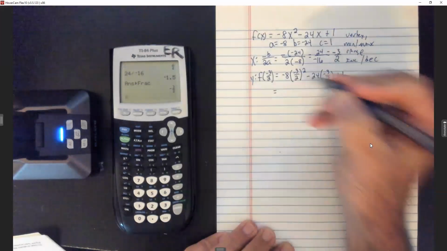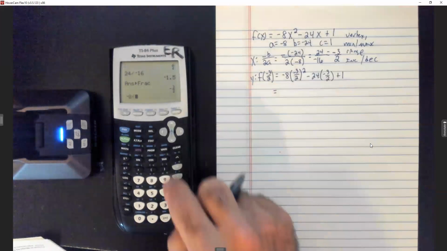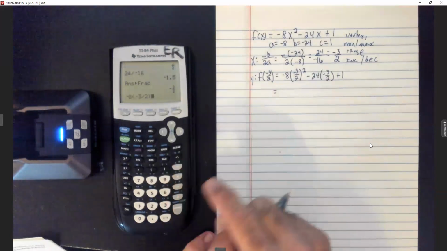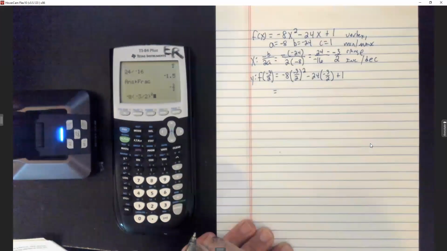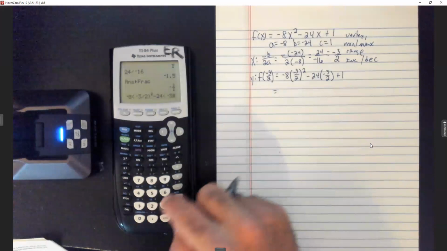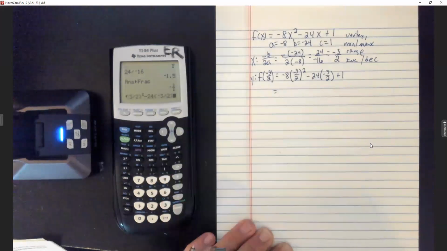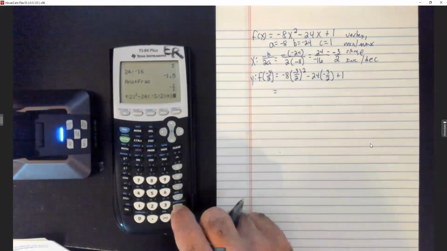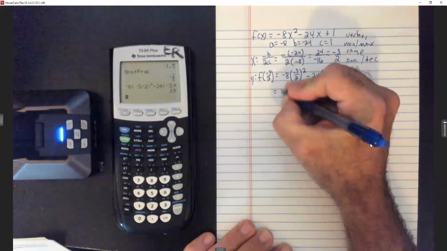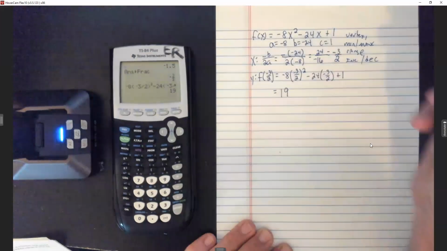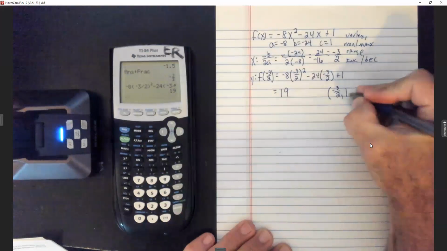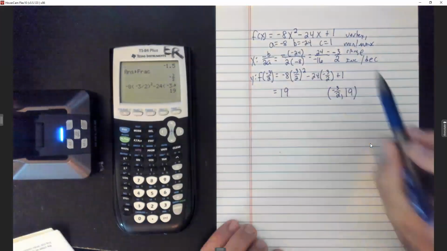So let me plug that in: -8, parentheses, -3 divided by 2, close parentheses and square, minus 24 times -3 divided by 2, close parentheses, and then plus 1. So then we hit enter, and looks like I get 19. So my vertex will be -3/2 and 19.